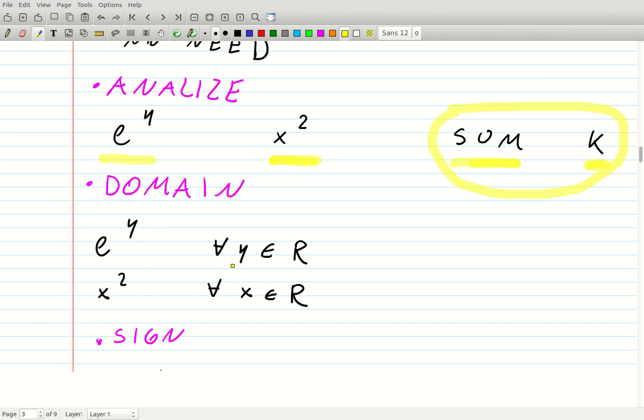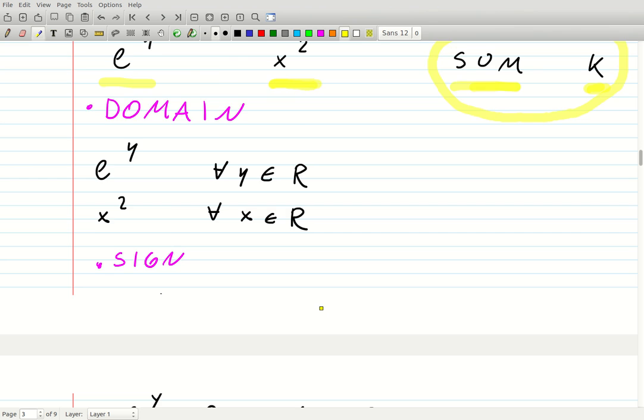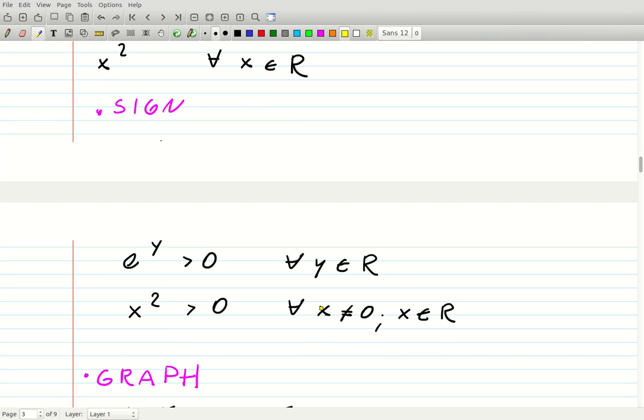This is a very easy one because e to y is defined for every real number, and so the same is true for x squared. They are both defined for every real number, so our function will be defined for every real number. Let's look at the sign. We know e to y will be greater than 0 for every real number, so no bother about this one.